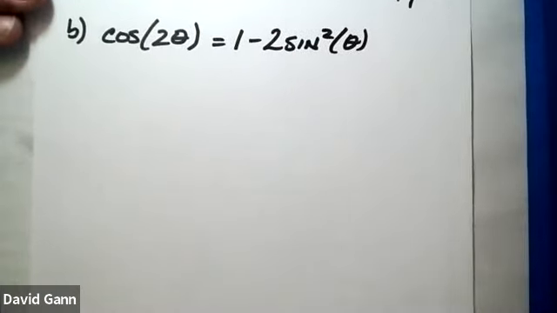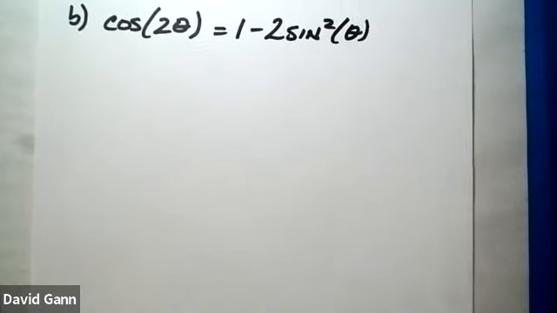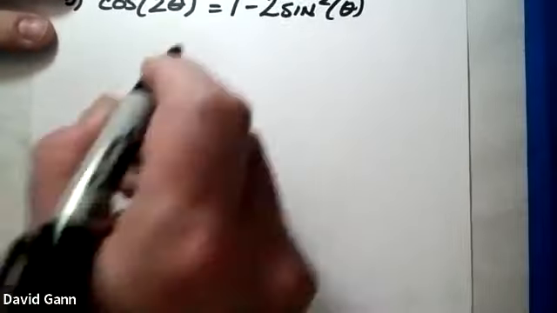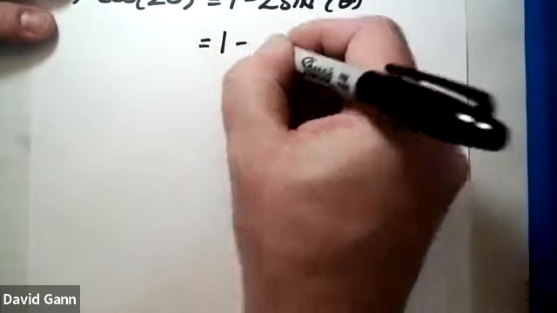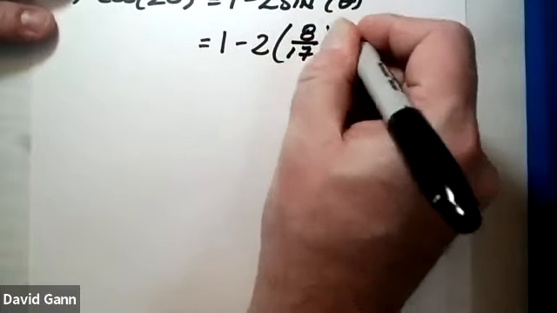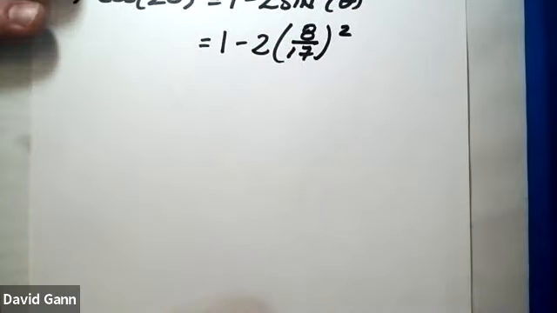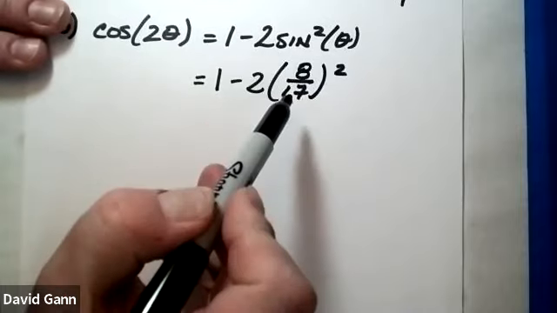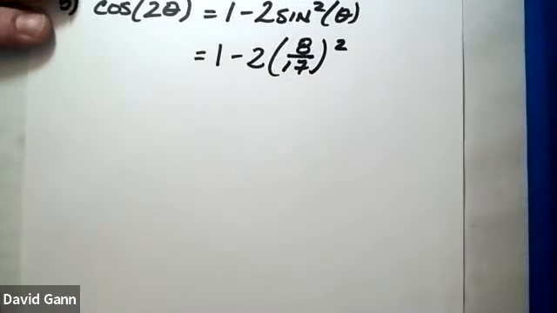I mean, we could use any one of them because we have all the appropriate functions now, but this one seems to work as good as any. So referring back, it was 1 minus 2 times 8 over 17 squared. Remember, sine of theta was 8 over 17 originally given in the problem.